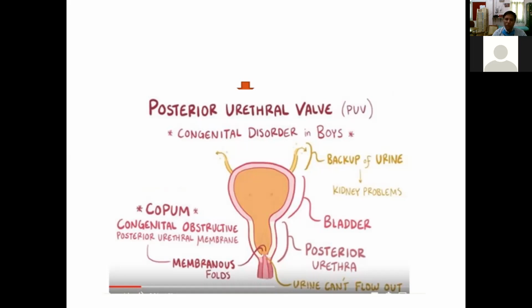Think of all possible congenital anomalies like meatal stenosis, like phimosis, like posterior urethral valves, like vesico-ureteric reflux, like patent urachus. All these congenital anomalies which will present with urinary tract infection in infants must be considered, then only you can find them. I think you will search for them.